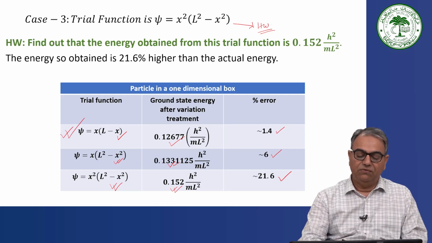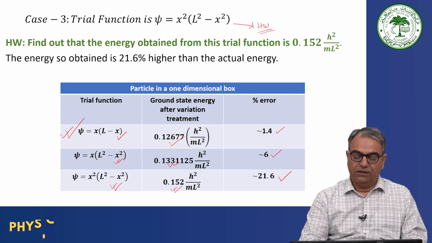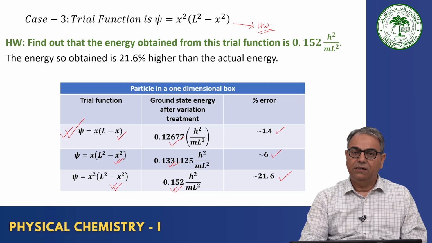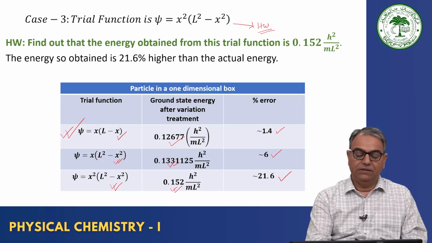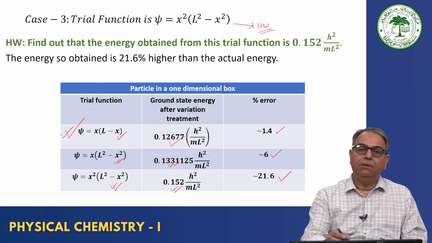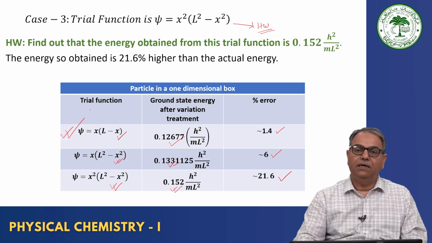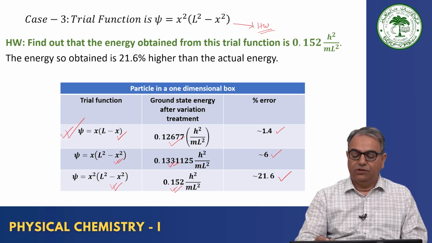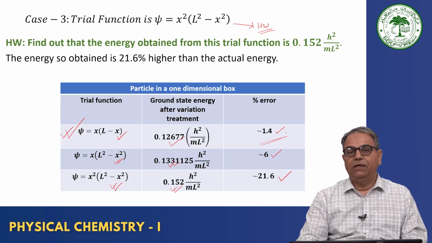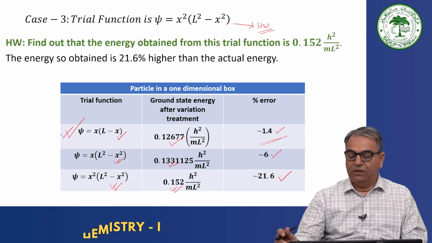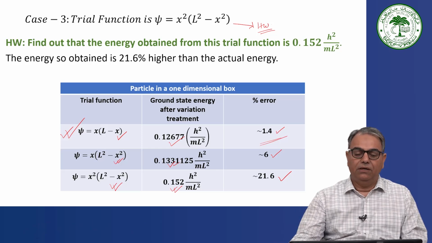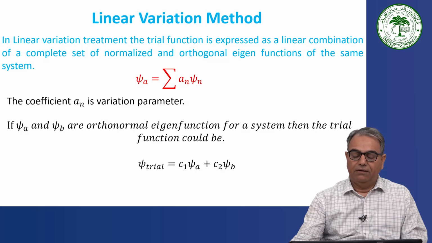The boundary condition is fulfilled by all these three; for all these functions, the function becomes 0 at x equal to 0 and at x equal to L. But the best trial function is this, because it gives you minimum error in the energy value. So this is how we use the Schrodinger wave variation treatment for a particle in a one-dimensional box.